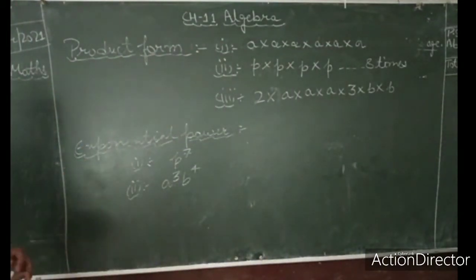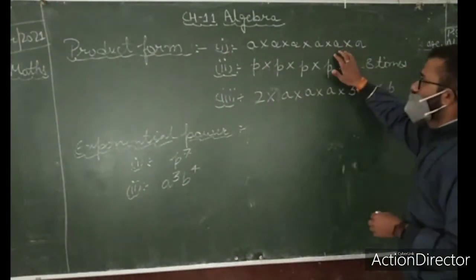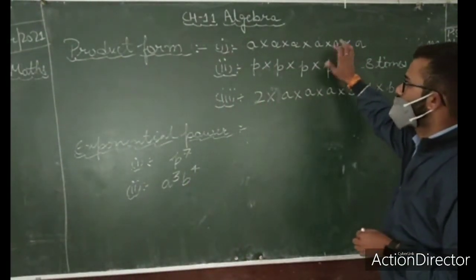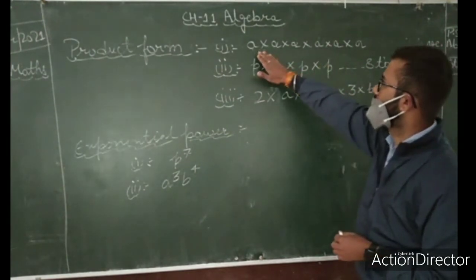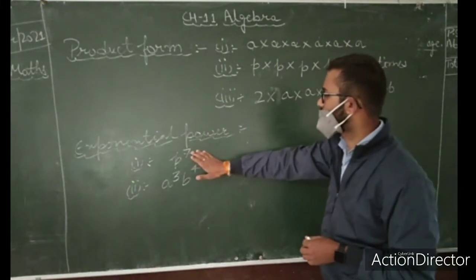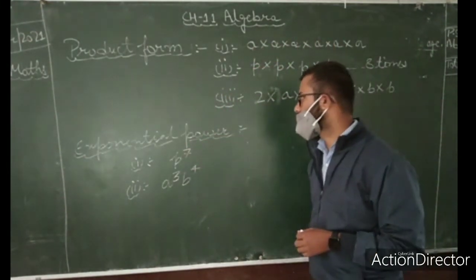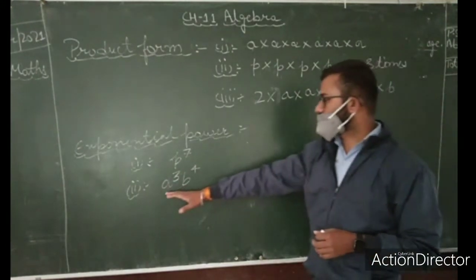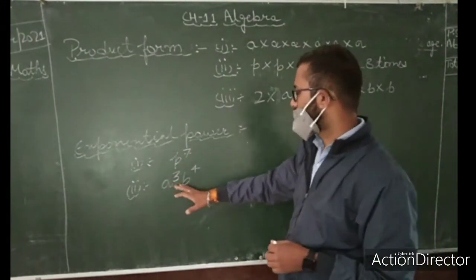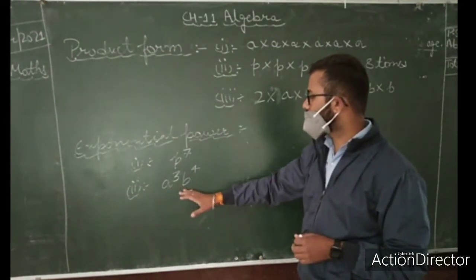And exponential power. If this product form is written in power, then we write a multiplied by a as a to the power 6, and p to the power 7. These types of forms are known as exponential power. In the second example, a to the power 3 and b to the power 4, here a is repeated 3 times and b 4 times.